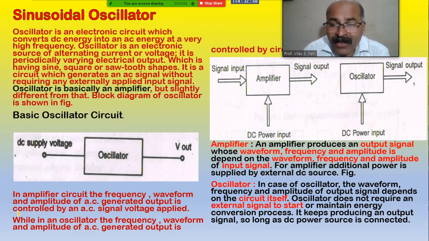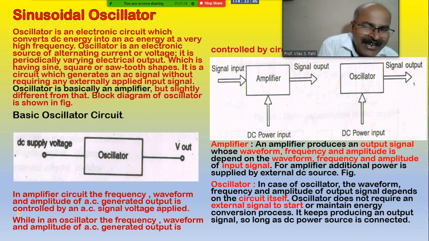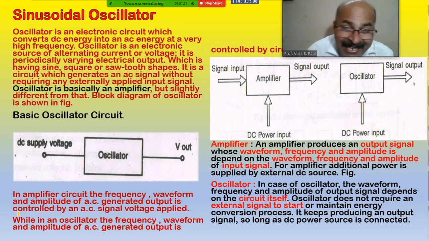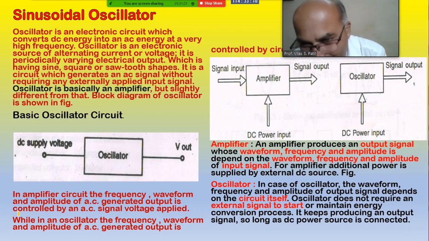Friends, please give me response. You understood two different concepts, that is the amplifier and oscillator. We know that oscillator is basically amplifier, but amplifier is not an oscillator. One part of the oscillator is the amplifier.